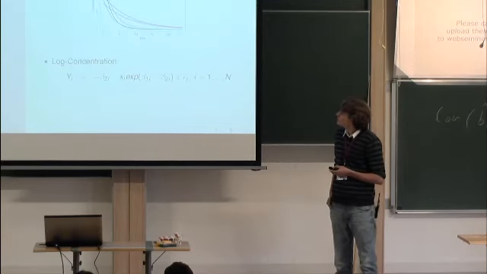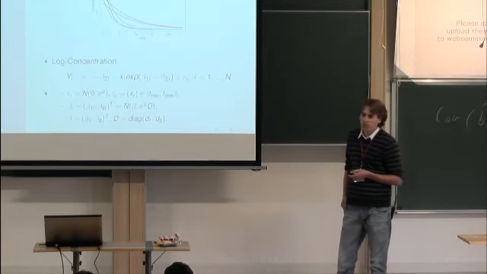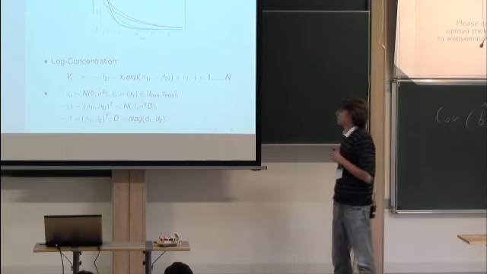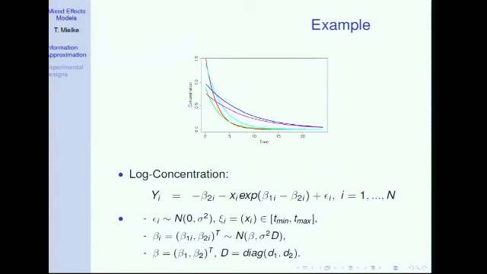Now we come to a little example, and this is not the exact example as Rainer had it. We have the exponential decay as well, but as the concentration cannot be negative, we assume that our observation errors were proportional and log normally distributed. So what we did was we just log transformed the whole model.